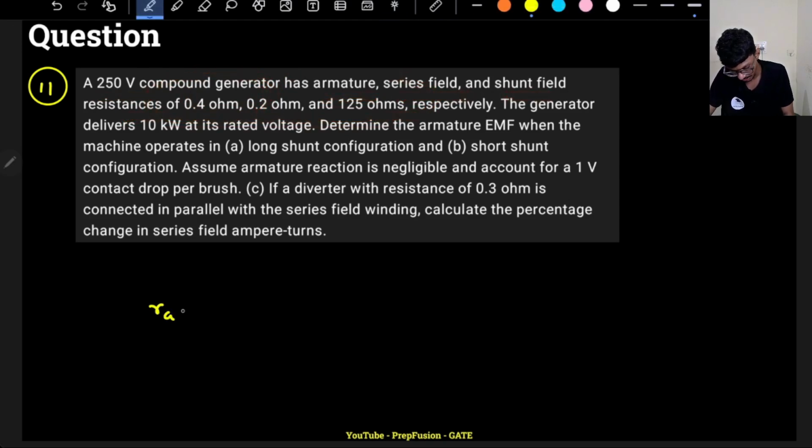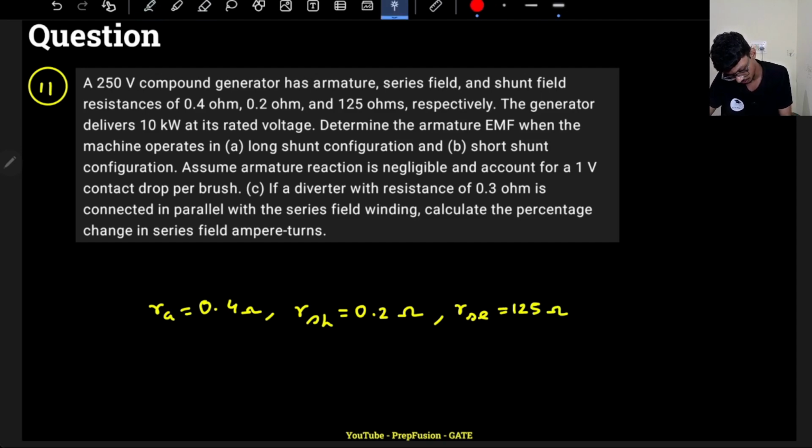The armature resistance Ra is 0.4 ohms, the shunt field resistance Rsh is 125 ohms, and the series field resistance Rse is 0.2 ohms. So these are the information given.